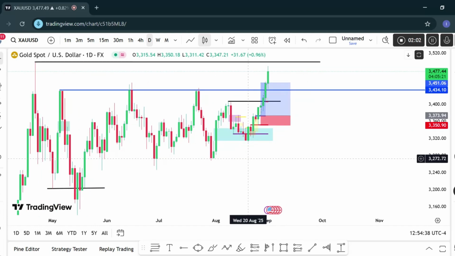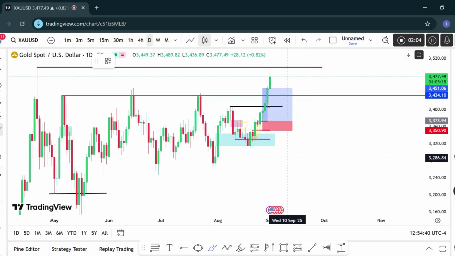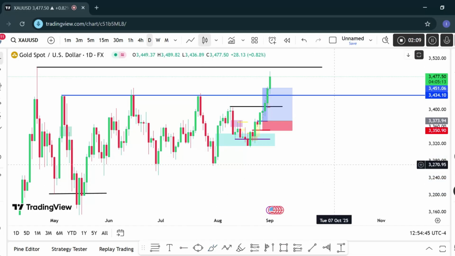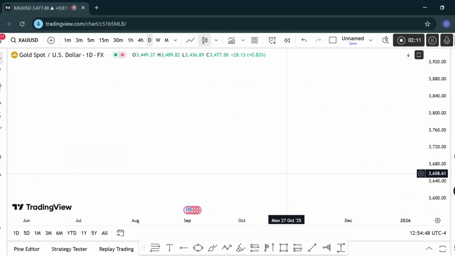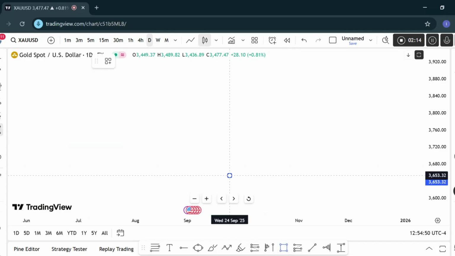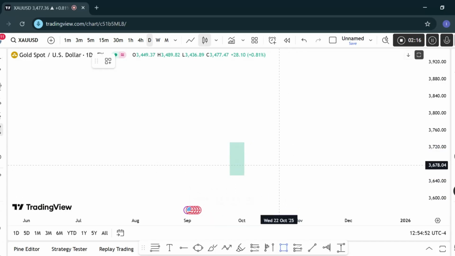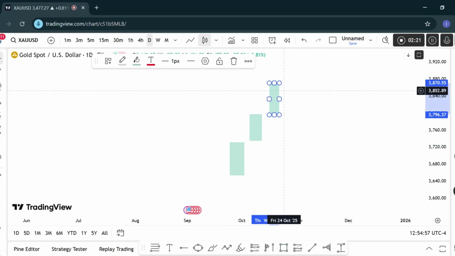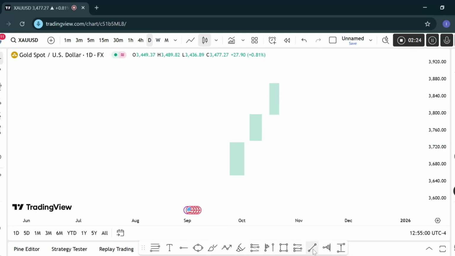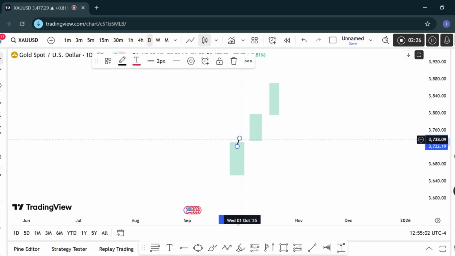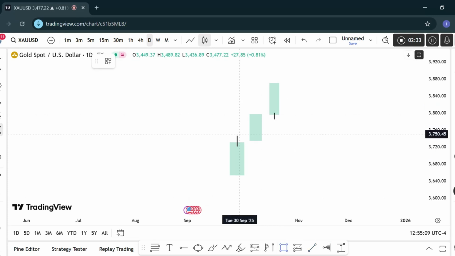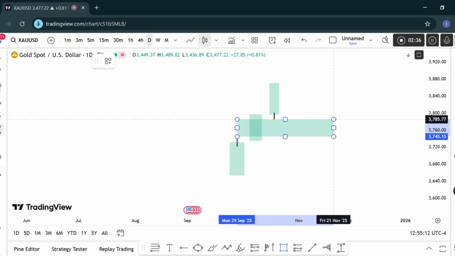For me, I am not using fair value gaps like everyone else. For example, for the people who don't understand a fair value gap, let me make it very simple. There are 3 consecutive candles like that, and that wick over there is not touched by that one, which means this body right there isn't touched.